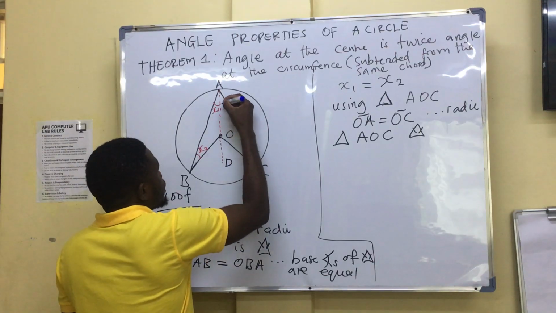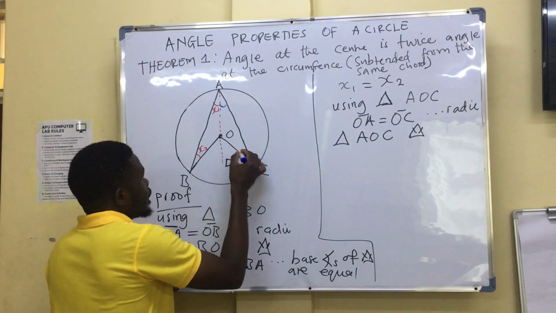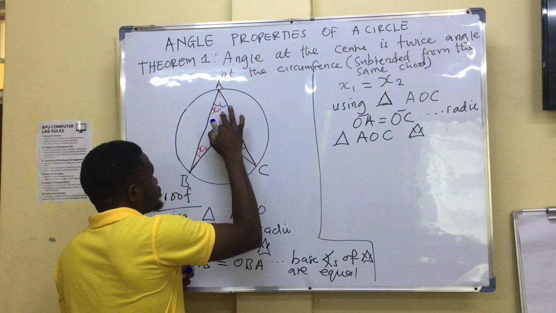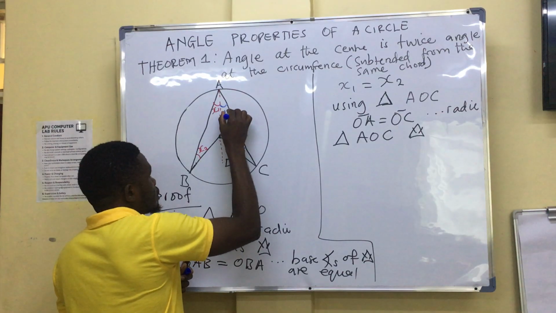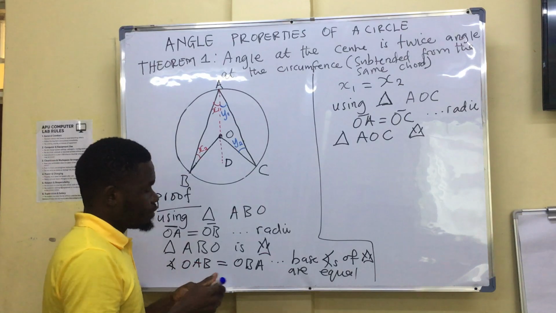Meaning that we have this angle here, and you have this angle as well. So let's call this one y1. Let's call this one y2. Fine.